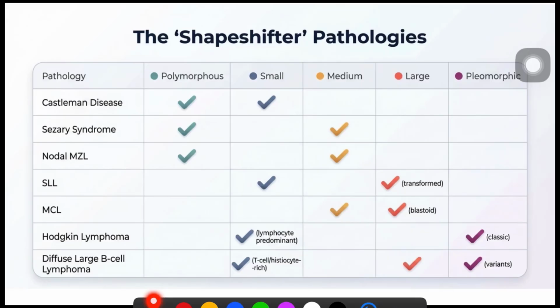Medium size pattern is mostly seen in nodal marginal zone, Sézary and MCL, whereas large, where you find transformed SLL, blastoid MCL or DLBCL, shows this type of pattern.